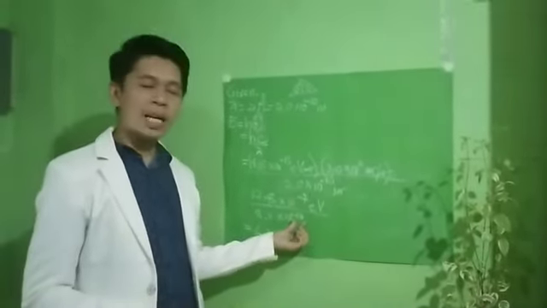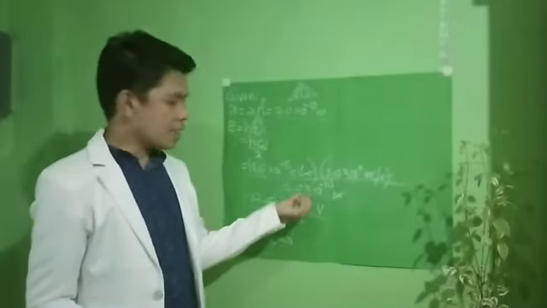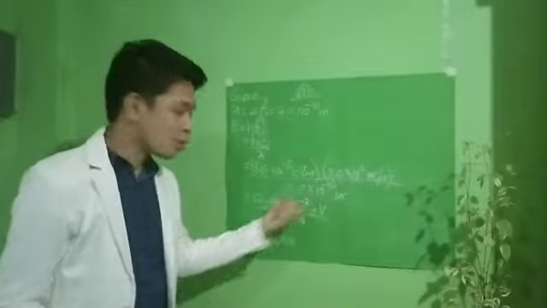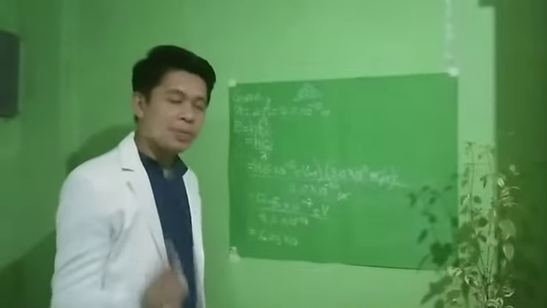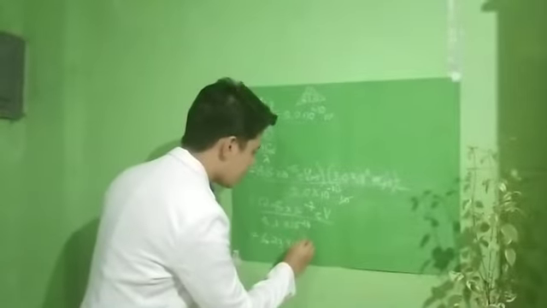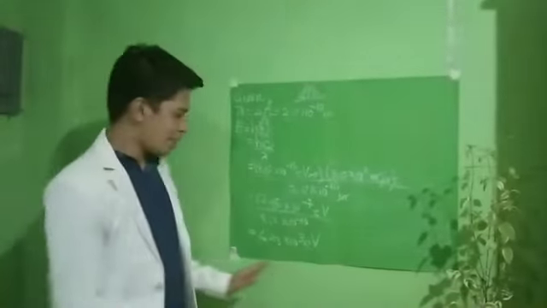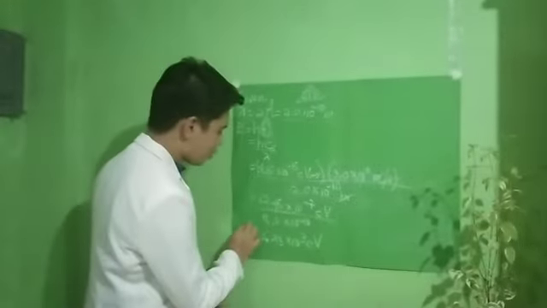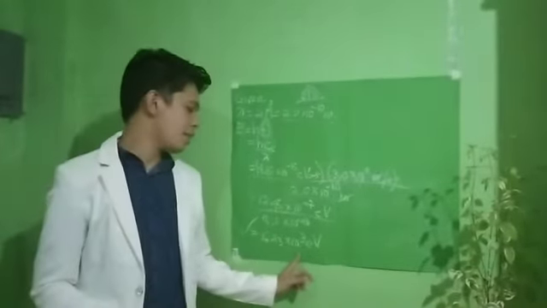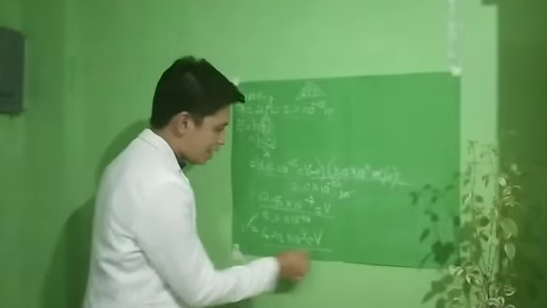So, from negative 10, it will become positive 10 plus negative 7, that is positive 3 electron volt. So class, this is our answer: 6.23 times 10 raised to positive 3 electron volts.